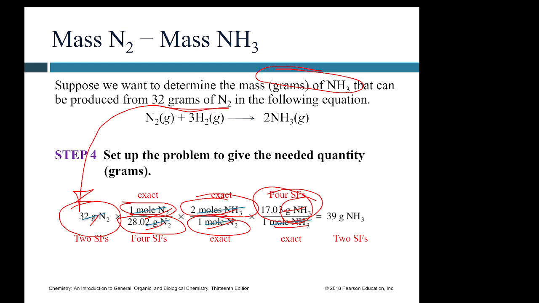All right. This gives me 39 grams of NH3 at the end of this, because I took 32 divided by 28 times 2, then times 17.03. And that gives me 39 grams of NH3. Anybody have any questions?